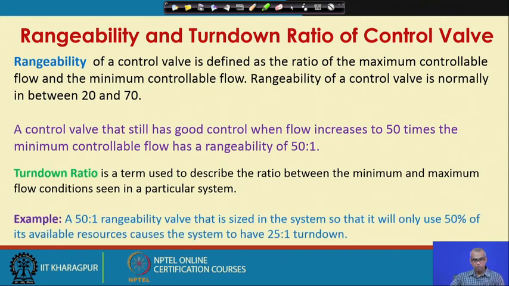For example, a 50:1 rangeability valve that is sized in the system so that it will only use 50% of its available resources causes the system to have a 25:1 turndown. So, we can say that rangeability is something like inherent characteristics and turndown ratio is something like installed characteristics.